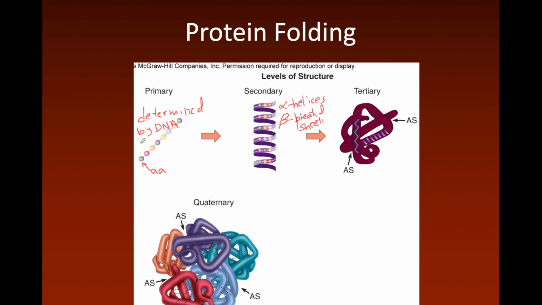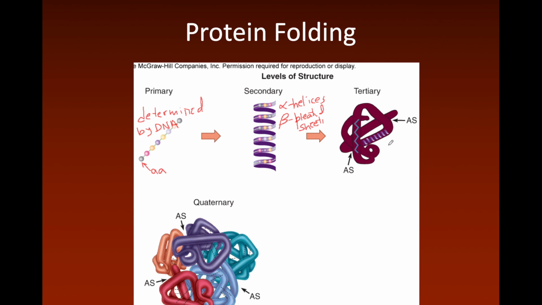Now, once a protein has undergone these primary and secondary formations, then they are folded through post-translational modification into their tertiary structure. Now note that the primary arrangement and the secondary structures are maintained here. For example, the beta pleated sheets and the alpha helices are still maintained during the forming of this tertiary structure.